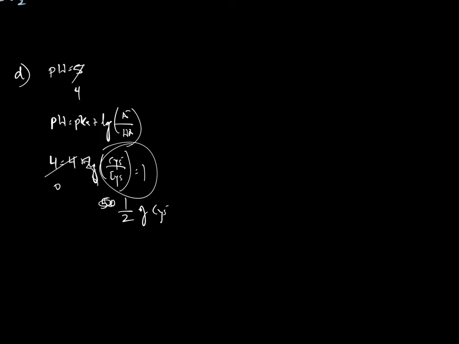Okay. Now, what about the histidine, right? So the histidine, you know that the pH is still 4. The histidine's pKa is 6. Now on top we have the neutral histidine because it's been deprotonated, over the original, which is positively charged. Okay, and so -2 is equal to the log of this ratio.